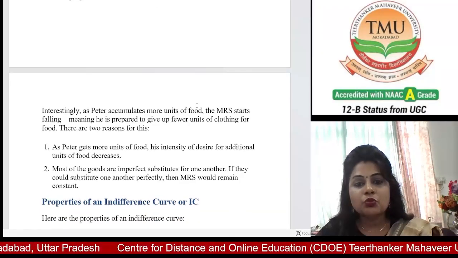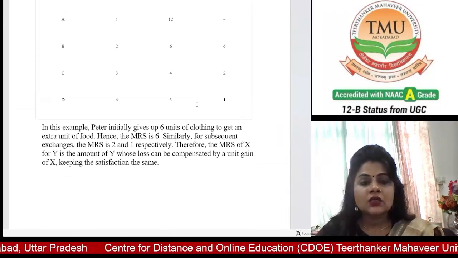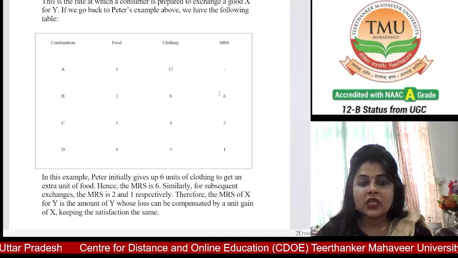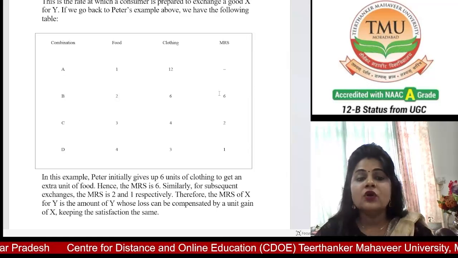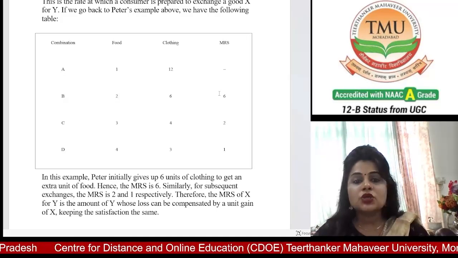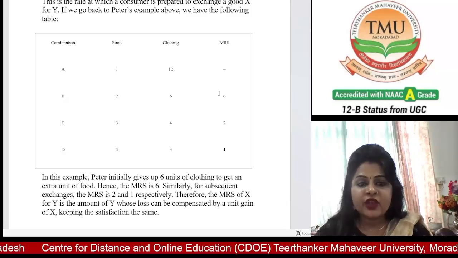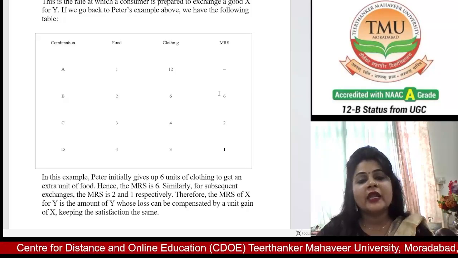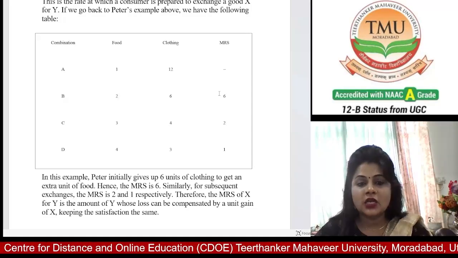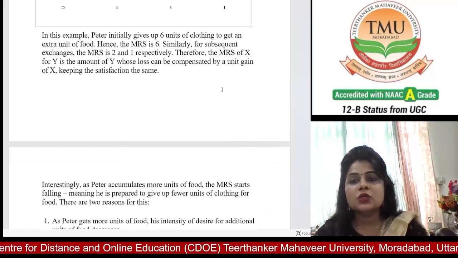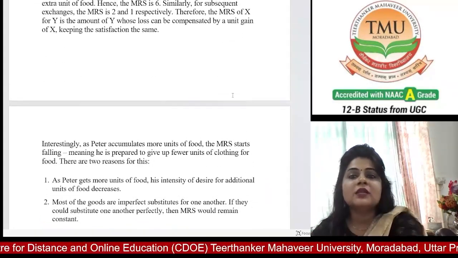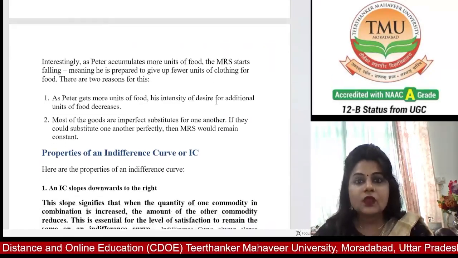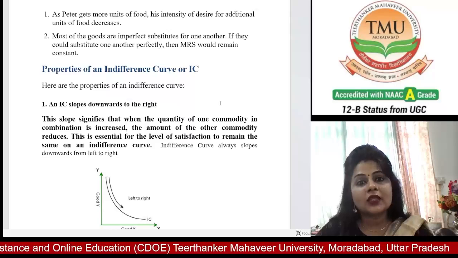As Peter gets more units of food, his intensity of desire for additional units of food decreases, and most goods are imperfect substitutes for one another. If they could substitute one another perfectly, then MRS would remain constant. I think you have understood that when a person wants things, he has to give up other goods.